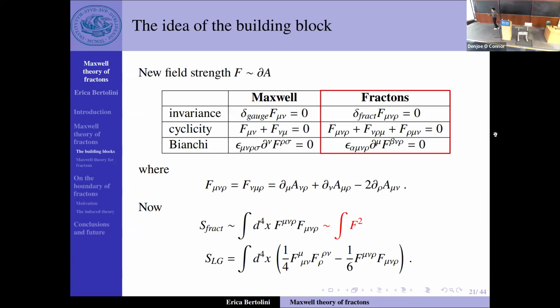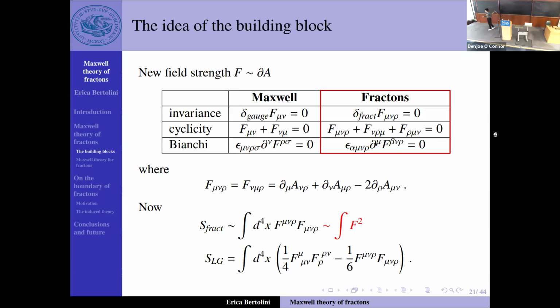So, what's the next step? Thinking of a Maxwell theory, it is to build an invariant field strength, like the Maxwell field strength. By asking it to depend on the derivative of the gauge field and to be invariant under the fractonic symmetry, we have this field strength, which is symmetric under the exchange of the first two indices, and also has a sort of cyclicity property and a Bianchi-like identity.